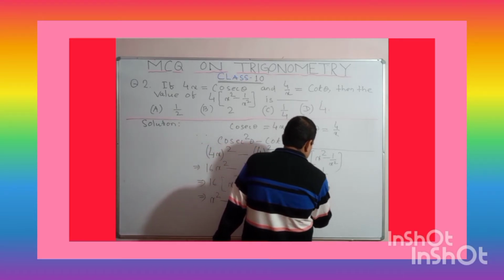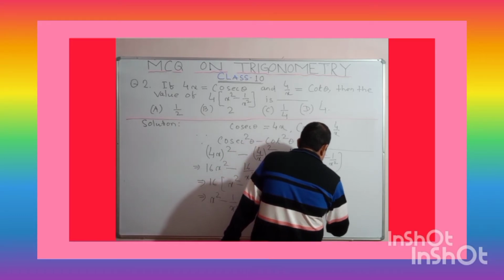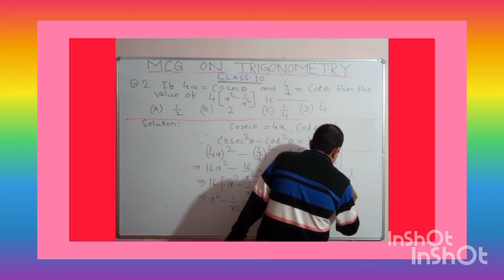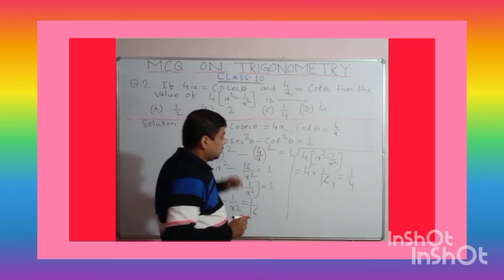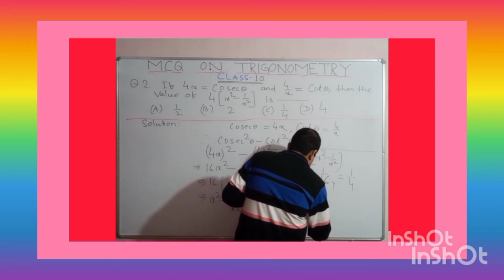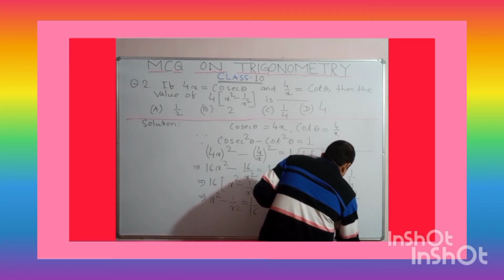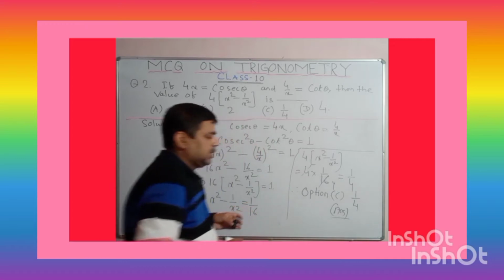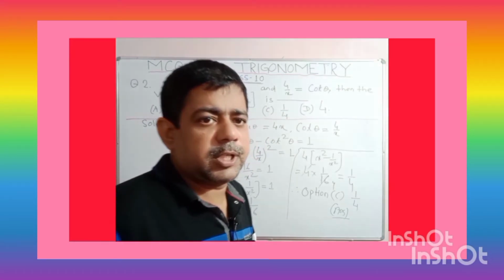So we can cancel 4 with the 16. So the value will be 1 upon 4. So 1 upon 4, which is the option? Here C is the correct option. Hence, the correct option is C, which is 1 upon 4. Understand? Okay? Is it clear? Okay? So just follow it.